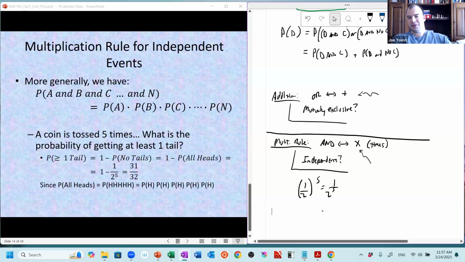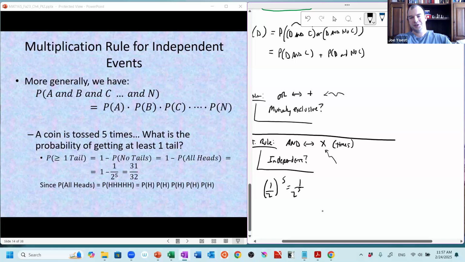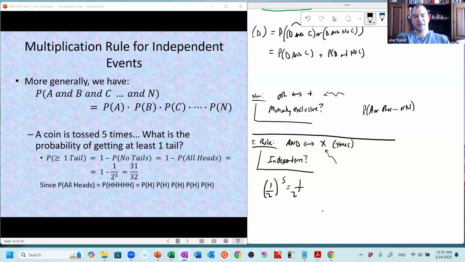And I suppose as a little side note, we do have a similar generalization for our addition rule. If I have n events that are all connected with or, if these are all mutually exclusive, in other words, if no pair of 2 events shares an outcome in common, then my ORs can essentially all turn into pluses.